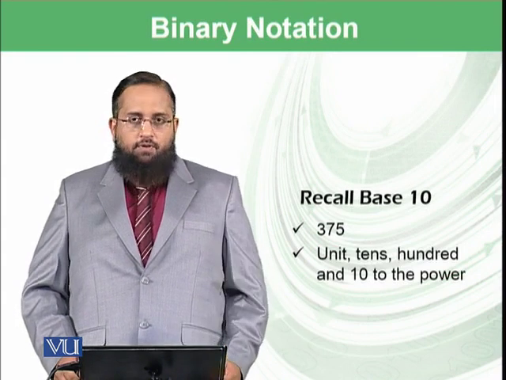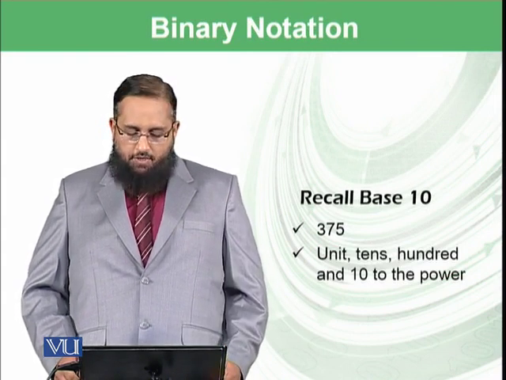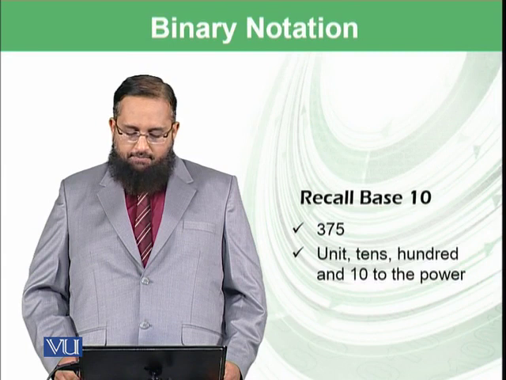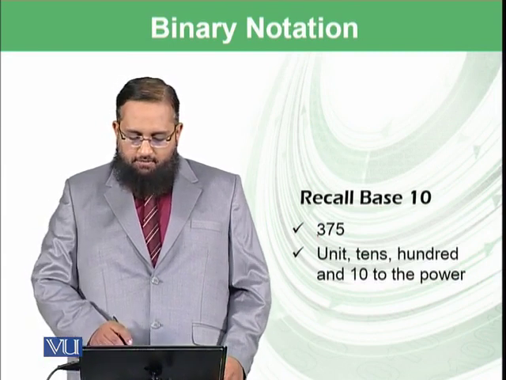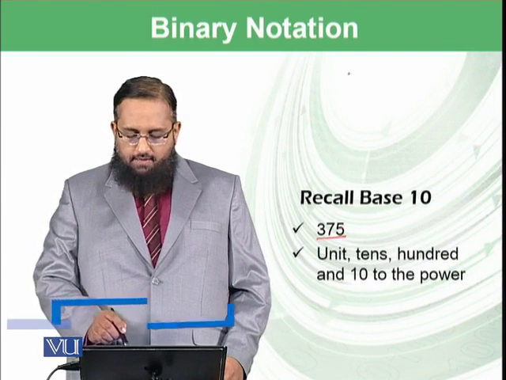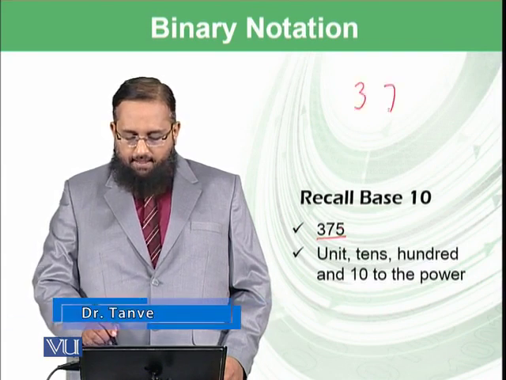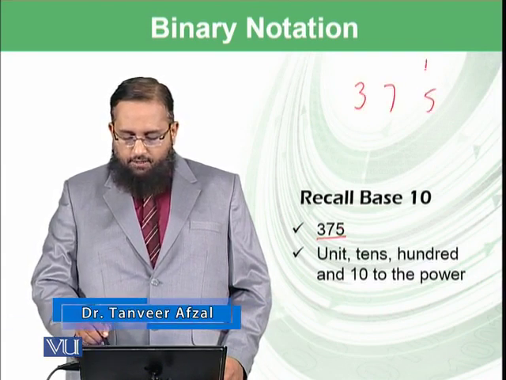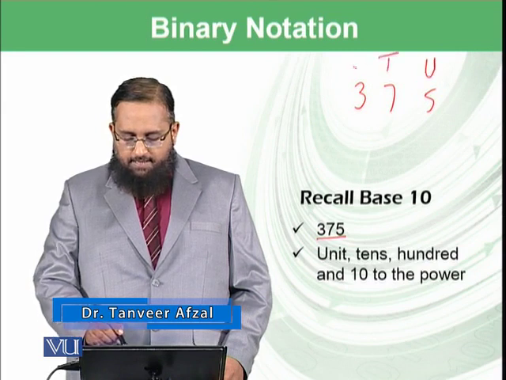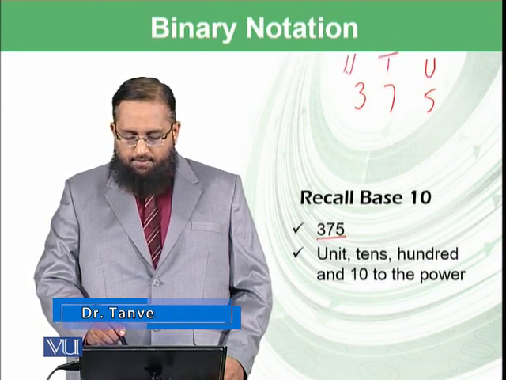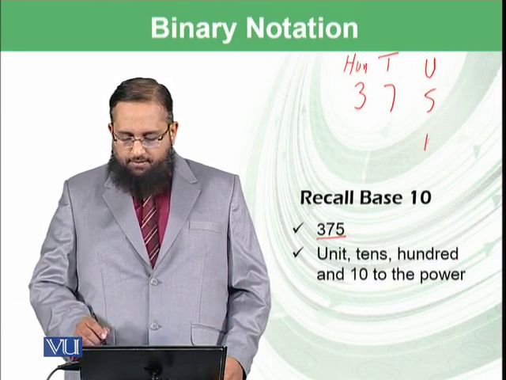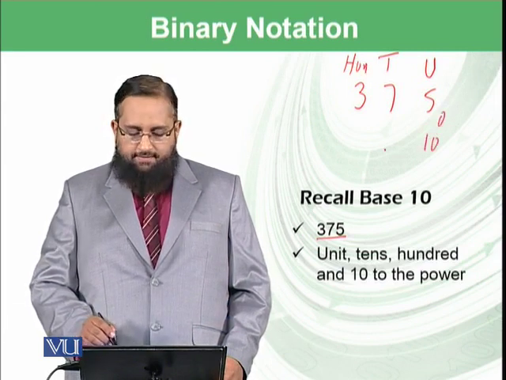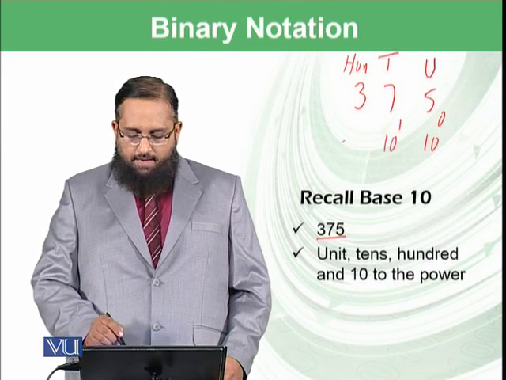Before starting binary notation, you should recall the base 10 or decimal system. When you say 375, what does it mean? It has a units place, a tens place, and a hundreds place, which are 10 raised to power 0, 10 raised to power 1, and 10 raised to power 2.